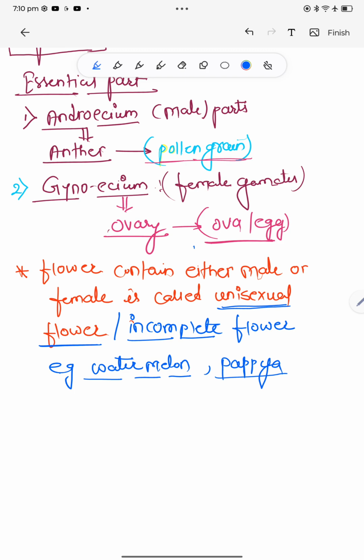So first is the complete flower, and second is the incomplete flower.